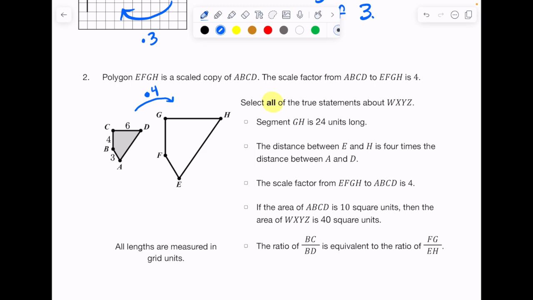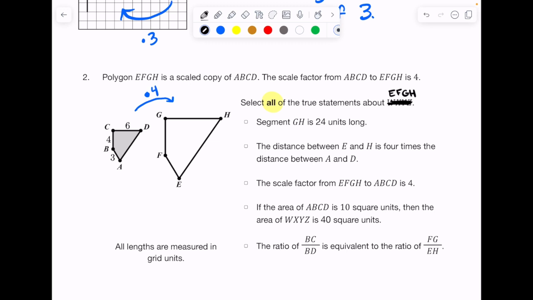Select all of the true statements. Oh, whoops, I made a typo. I do that a lot on these because I'm just taking the original questions on the actual quiz, and then I change them. So sorry about that, but select all the true statements. First, we have segment GH is 24 units long.